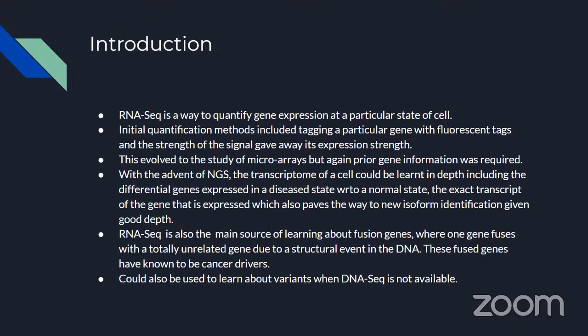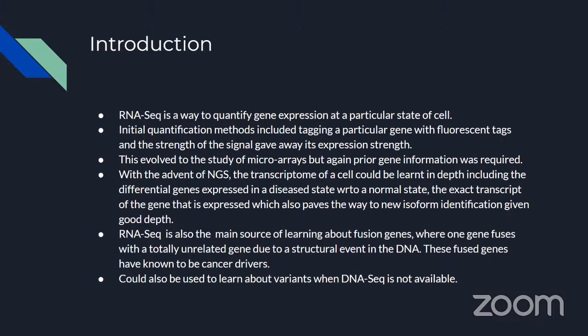And there have been many fusion genes that are very well known, known drivers. For example, in the case of ALL, a type of leukemia, the cancer itself could be subclassified based upon the fusion genes that have occurred in them.